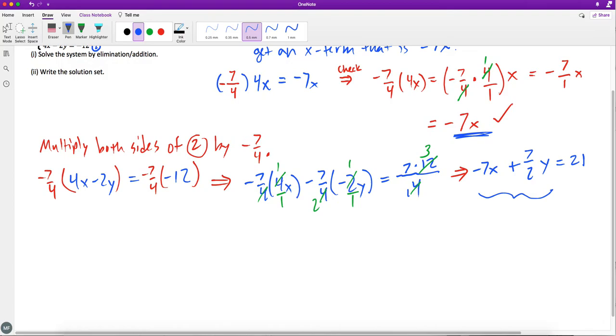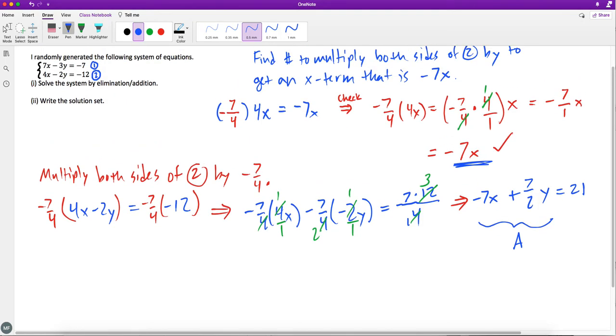Let's suppose I thought of this as the letter A. And I said, I'm going to add A to both sides of equation 1.